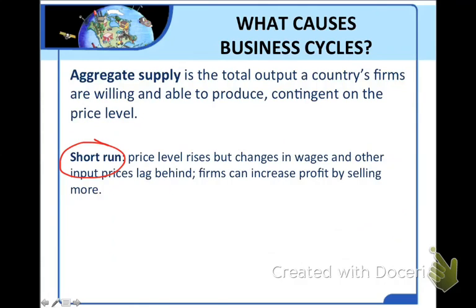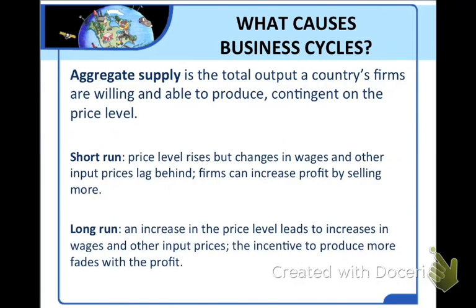However, when we move to the long run, an increase in the price level leads the sellers of inputs to demand a corresponding increase in wages and other input prices, which eliminates the incentive to produce more at the higher price level. Likewise, price level decreases typically cause the level of aggregate supply to decrease in the short run, but have no effect on aggregate supply in the long run.